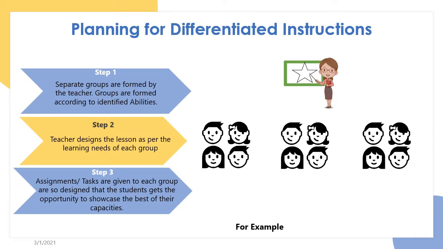In Step 3, Group A might be given an assignment of writing a paragraph after listening to a lesson, while Group B is asked to give an oral brief, and Group C might create a poster or an art project to present what they've learned.